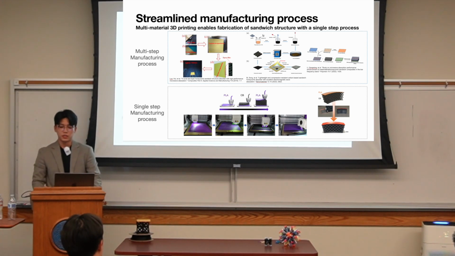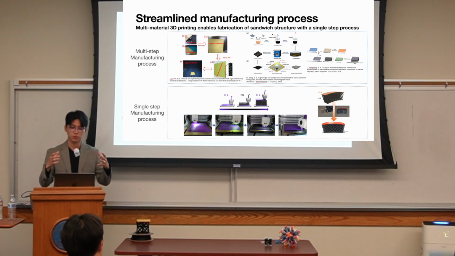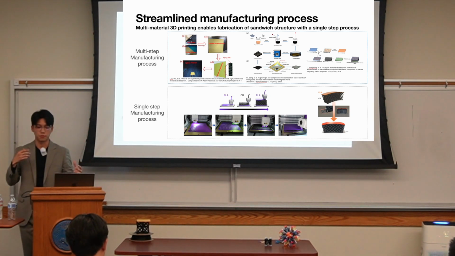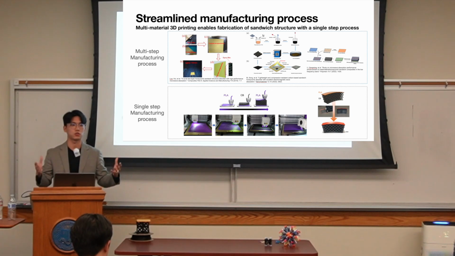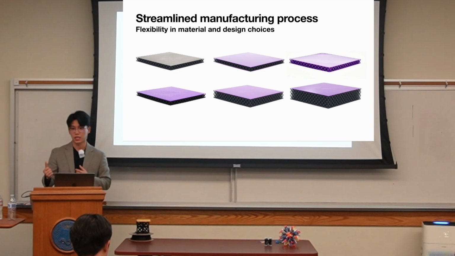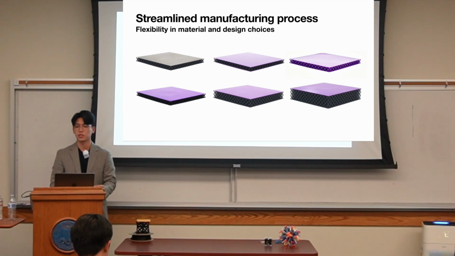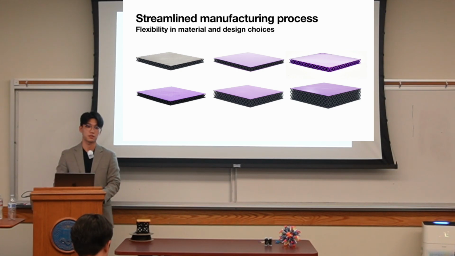The sandwich structure, as I mentioned, is used a lot in the aerospace industry, but the problem is that it requires multiple processes such as vacuum forming or dipping the honeycomb structure inside the carbon-based material. But this sophisticated process could be reduced down to a single step, which leads to multiple different designs of the structure, which gives flexibility in material and design space.